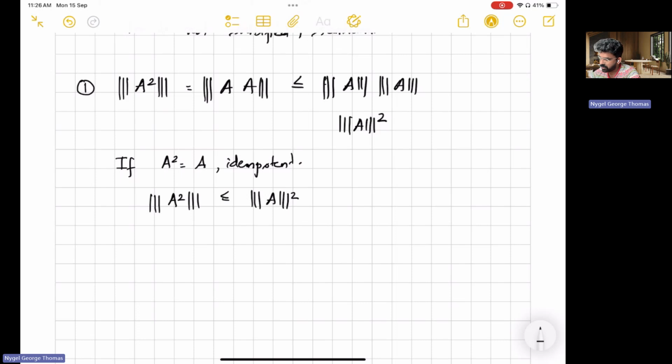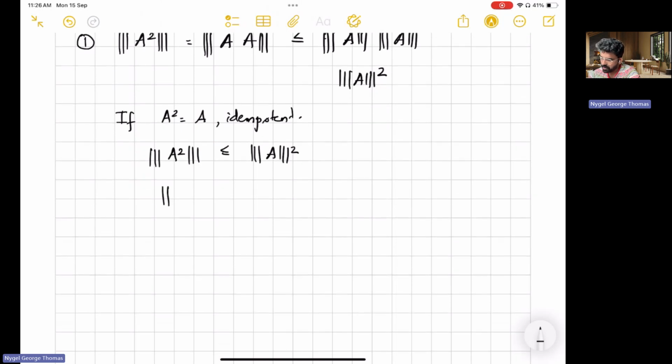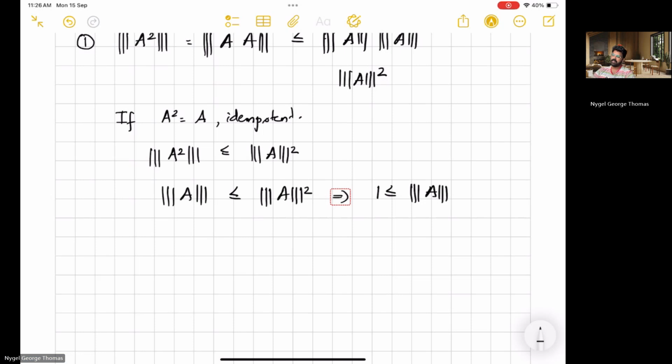But we know A squared is equal to A, so norm of A is less than or equal to norm of A squared, which implies 1 is less than or equal to norm of A. So what does this mean? We already know that norm is always greater than or equal to 0, but for an idempotent matrix, norm is greater than or equal to 1.